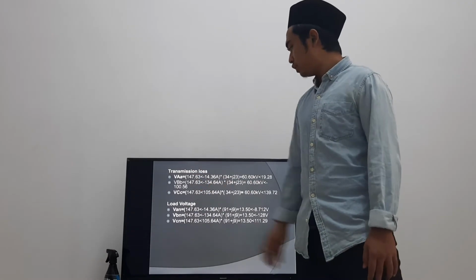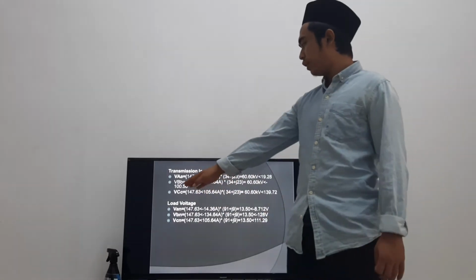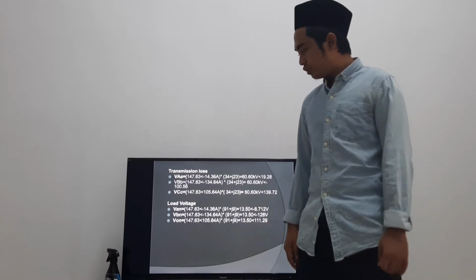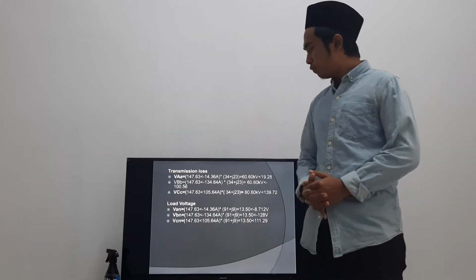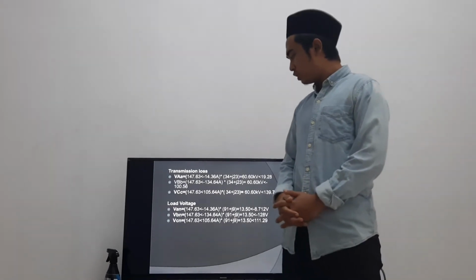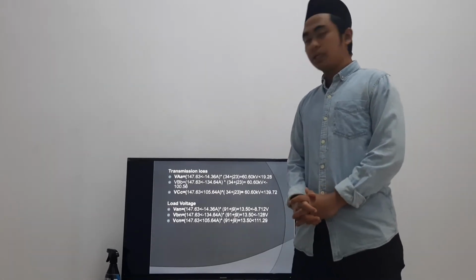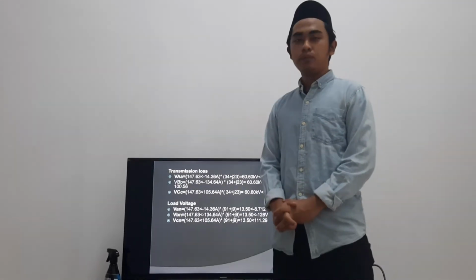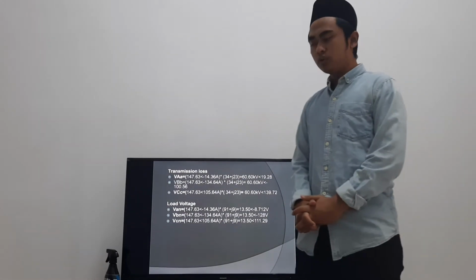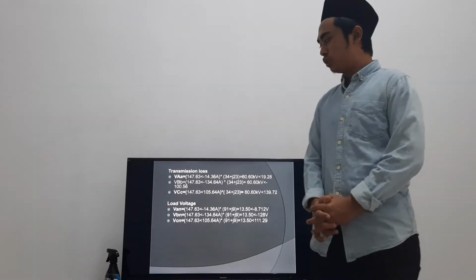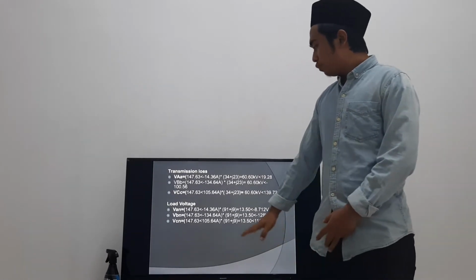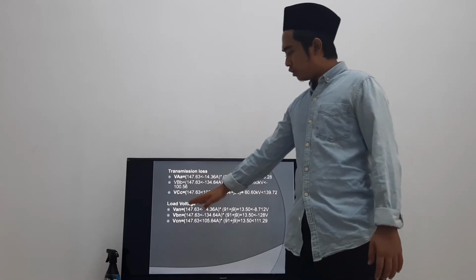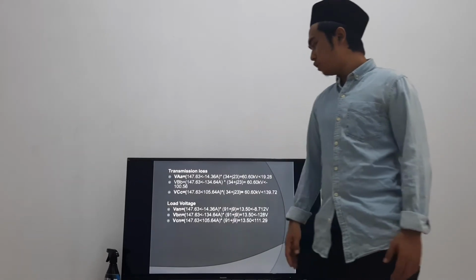So next, what is transmission loss? We need to find VA: 147.63, angle -14.36 ampere, times 34 plus 23j, equals 60.60 kilovolt, angle 19.28. The SN is the same, so I just keep it. So let's go to load voltage.